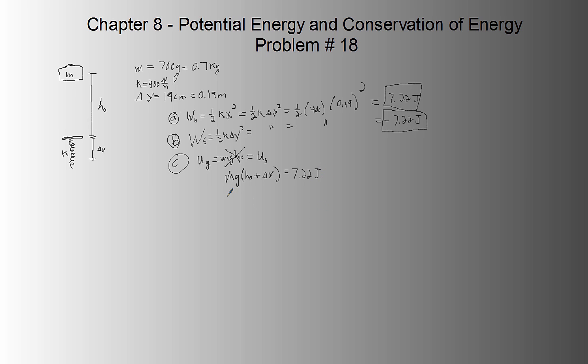We also know m is 0.7, g is 9.8, and delta y is 0.19 meters, and we're looking for h naught. That equals 7.22. Solve for h naught with a little bit of algebra, and you get 0.86 meters.